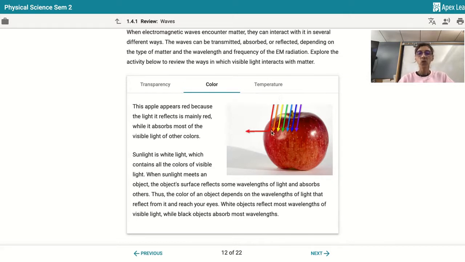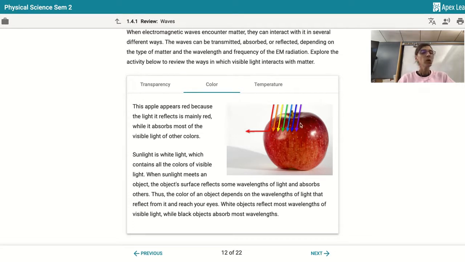And the only way that red wavelengths of light can reach your eye is if they are reflected off of the object that they hit. So when, let's say, sunlight or the light inside your house hits an apple, that light contains all the visible light wavelengths: red, orange, yellow, green, blue, indigo, and violet.